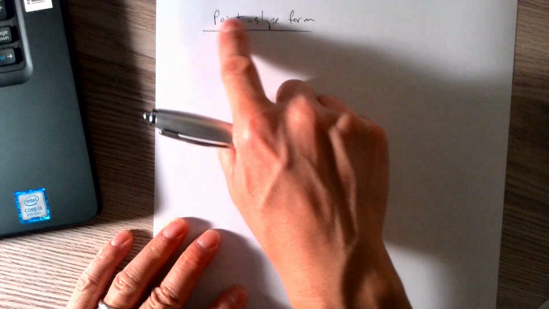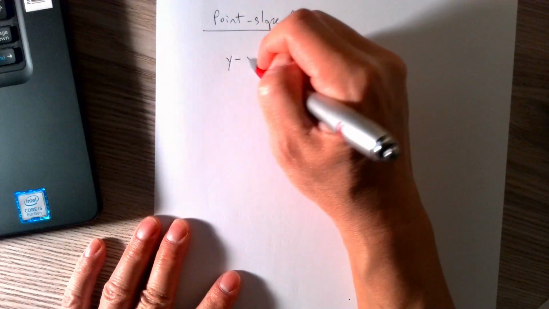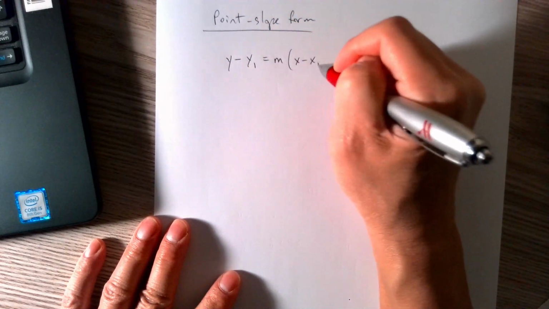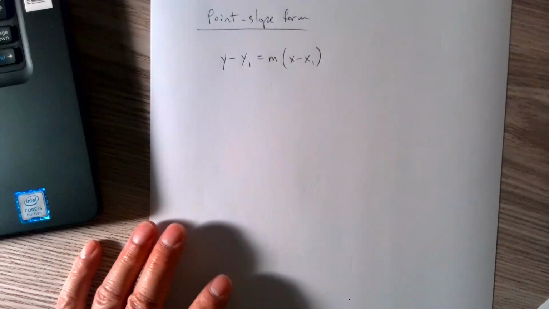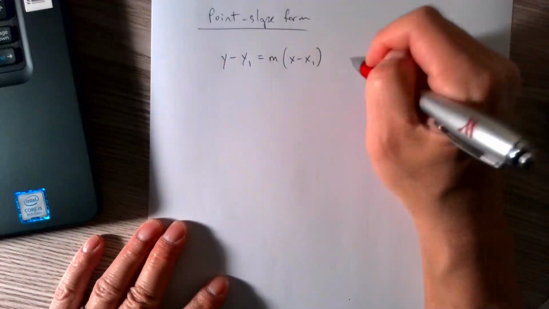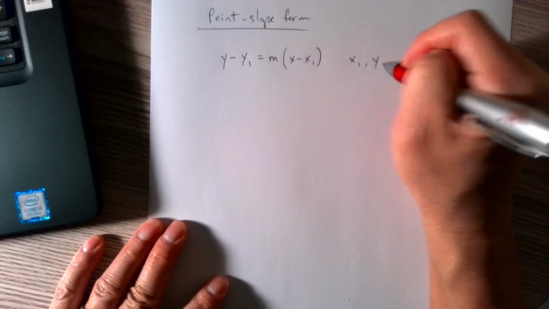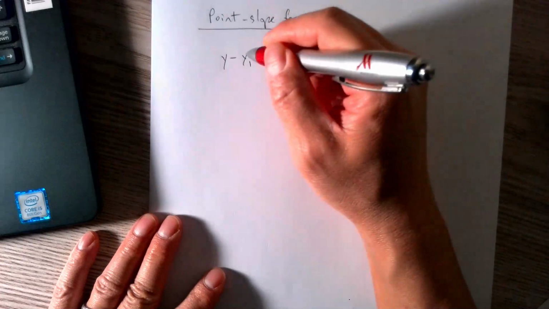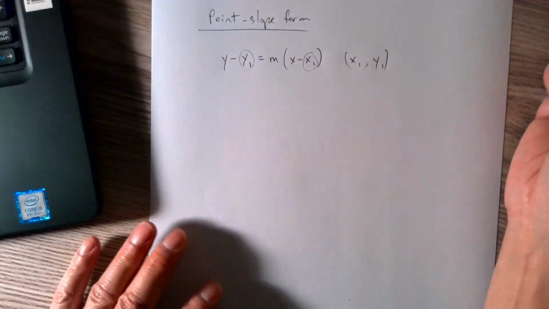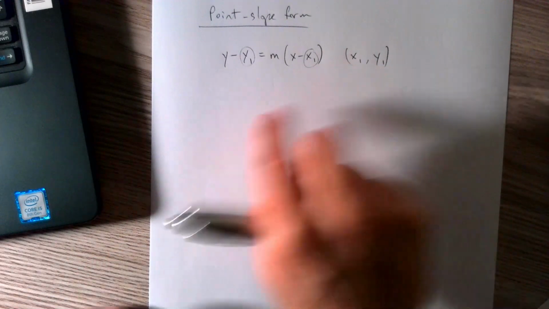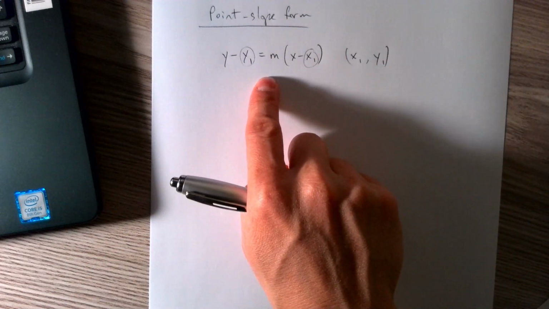Now this word point is kind of ambiguous, but what it means is that in the form there is a point staring at you, and that point is x1, y1, x1 comma y1, here and here. The coordinates of a point are known and are staring at you from the equation.